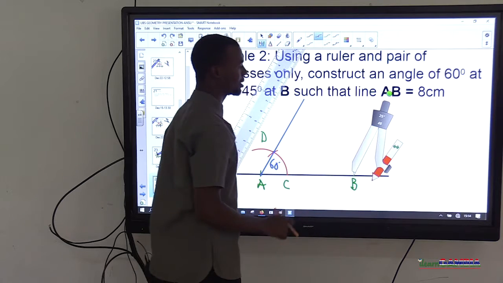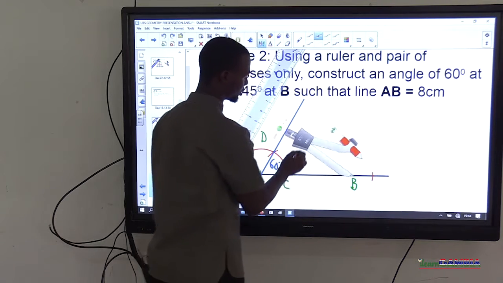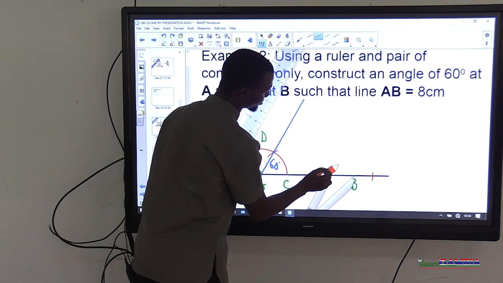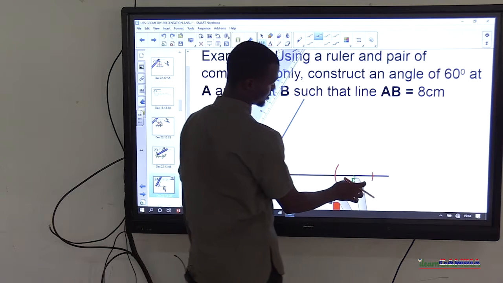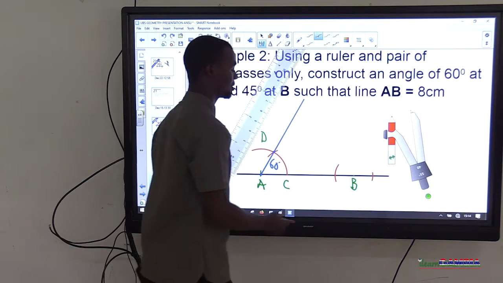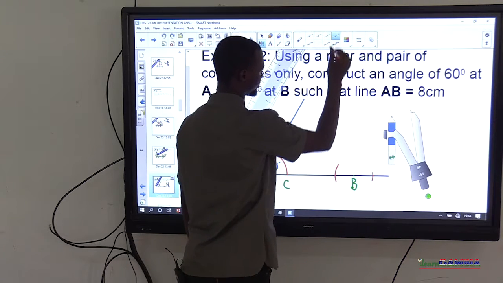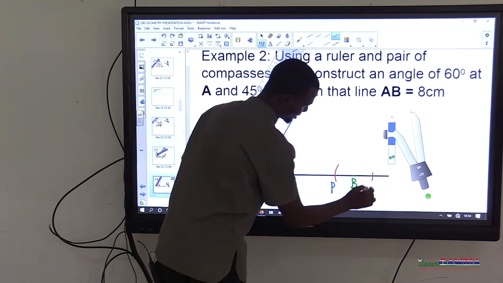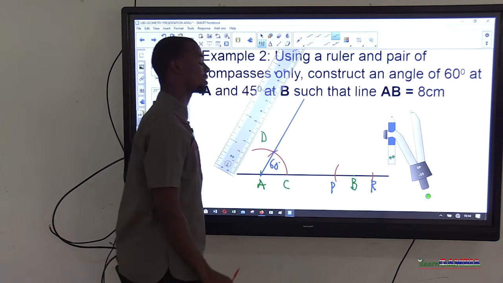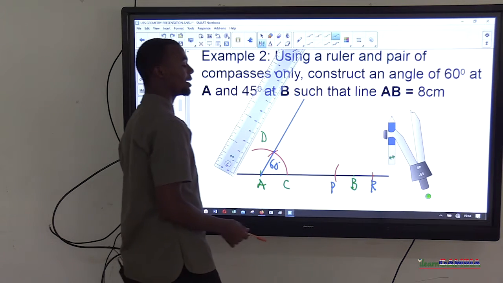I'll use the perpendicular method of constructing 90. So where the two arcs intersect with the line, I'll call it P, and R.